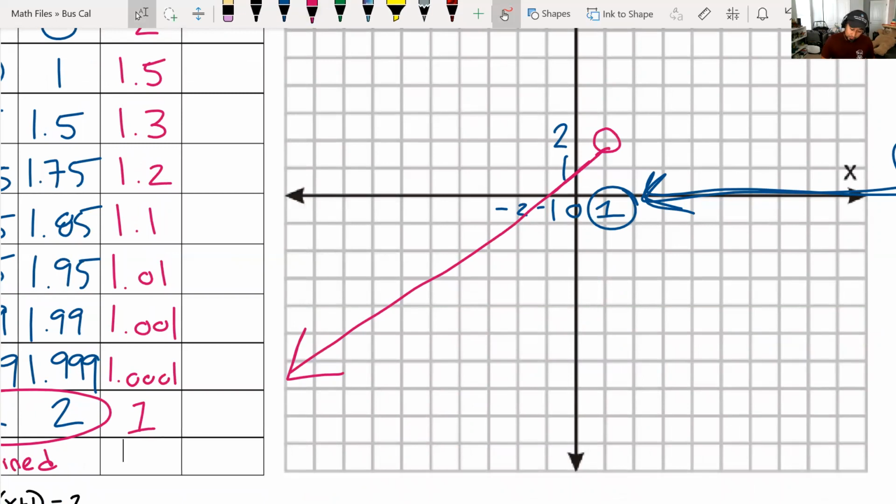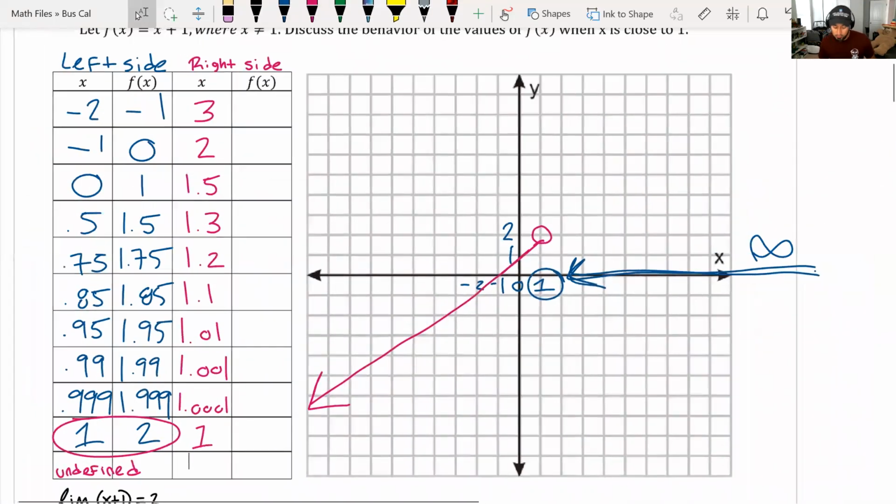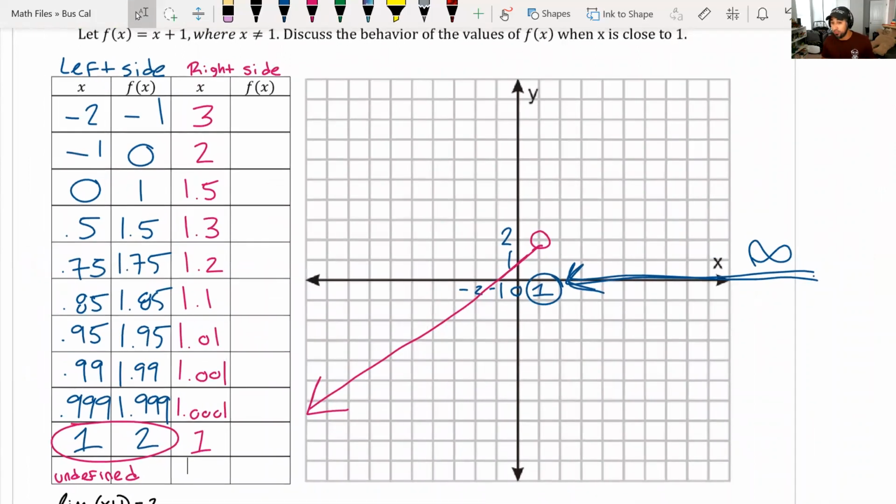Okay. Once again, we are plugging numbers into the function x plus 1. So let's plug these numbers in. We get 4, 3, 2.5, 2.3, 2.2, 2.1, 2.01, 2.001, and 2.0001, finally ending at 2.